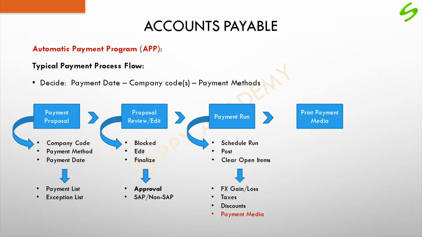If they use workflows, they can certainly get the approval of the concerned person and then generate the payment media at payment run level. But some companies don't use workflows at this level. They only use them at proposal level, or they don't use them in the entire payment run. So what they do is they authorize a few people to release the payment or generate the payment media at this stage.